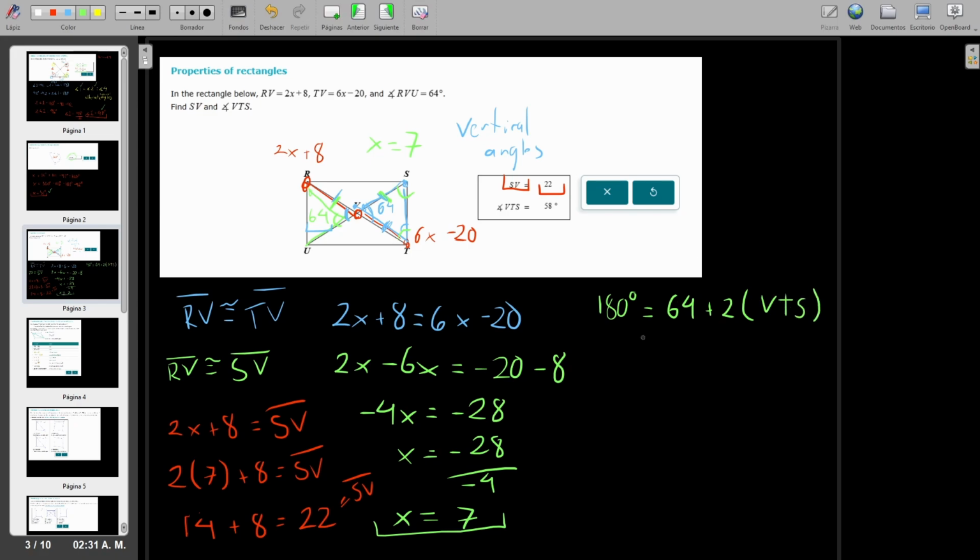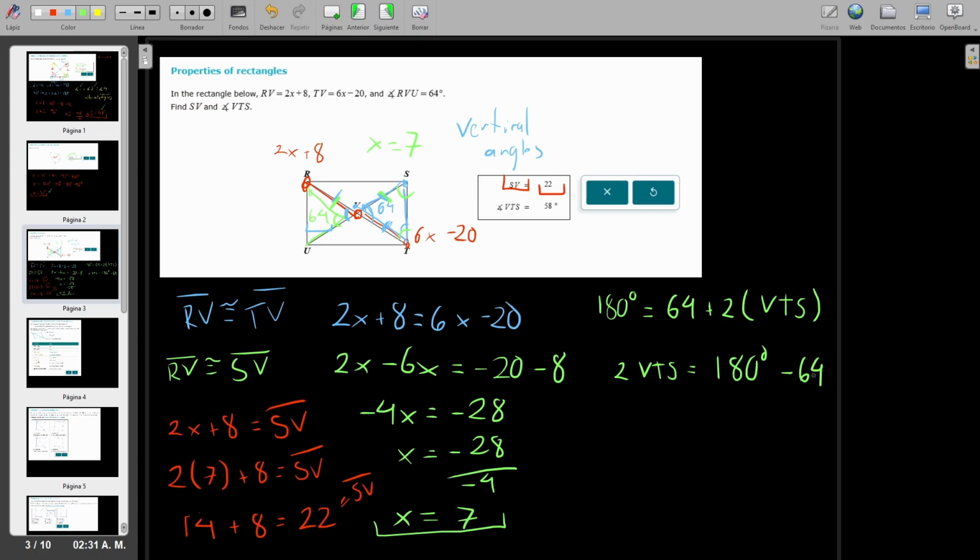Now we solve for this. We can put it like 2 times VTS is going to be 180 degrees minus 64. We only put these parts to the other side, don't worry.